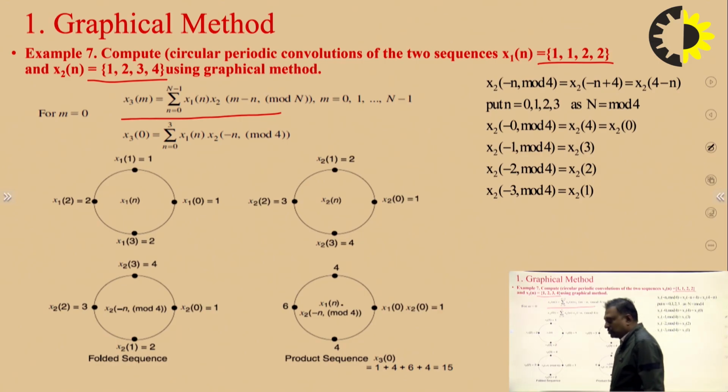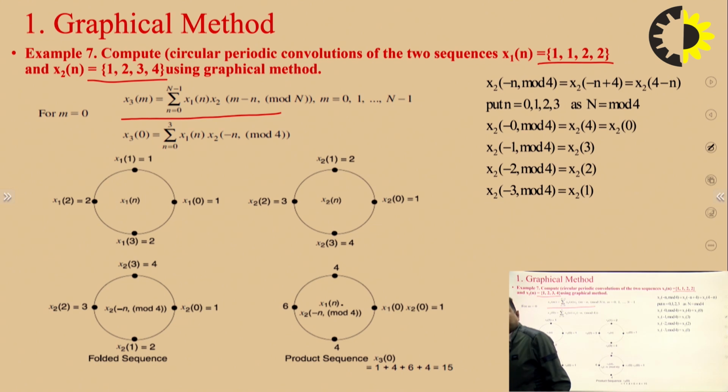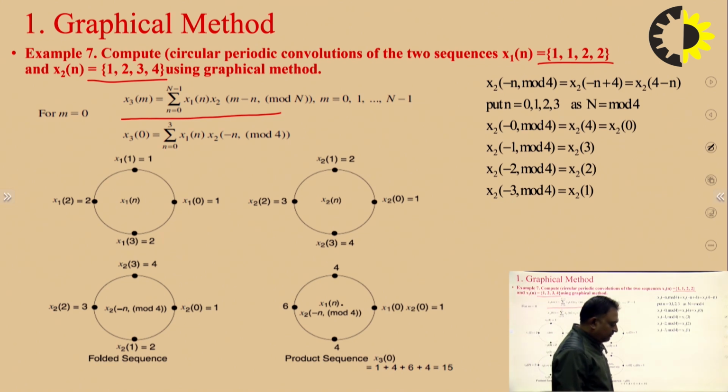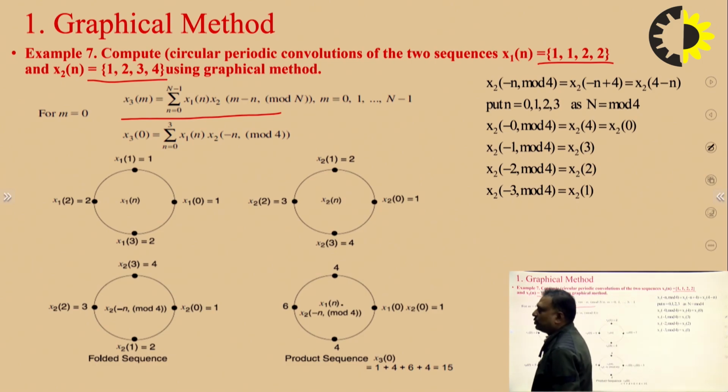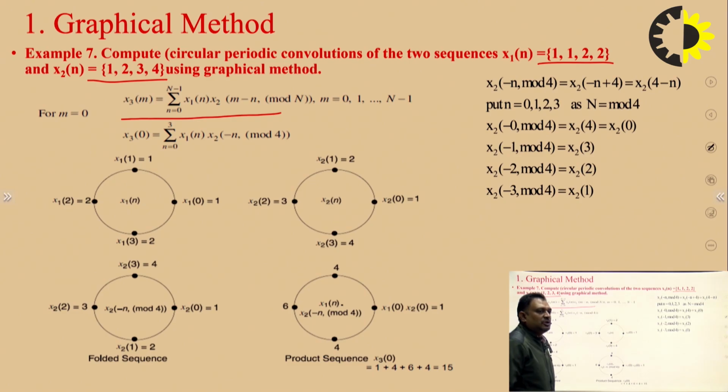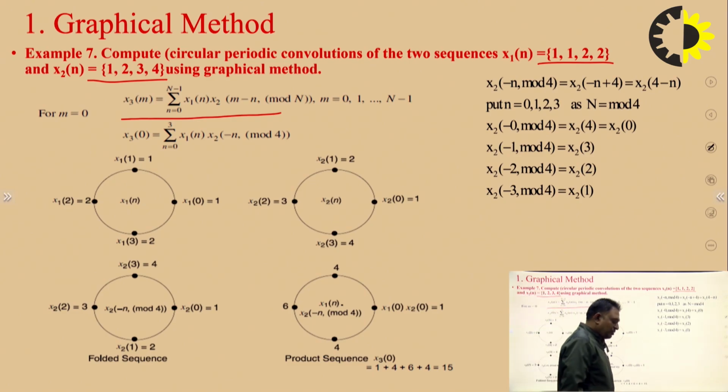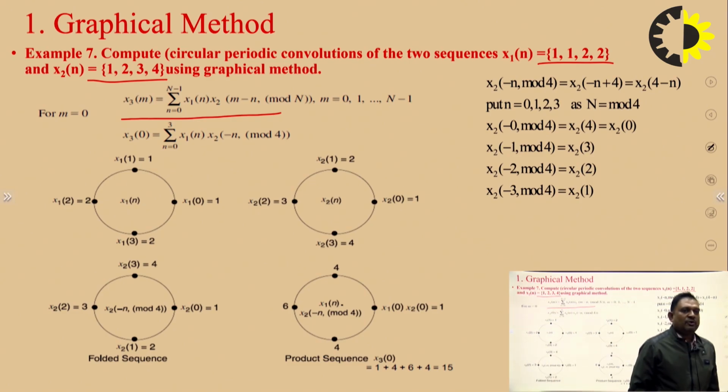You know the convolution operation consists of various operations: first the reflection or folding operation, then shifting, then you multiply both the sequences, and then you add it up. This is the procedure for performing convolution on two sequences, and it is similar for both circular convolution and linear convolution.